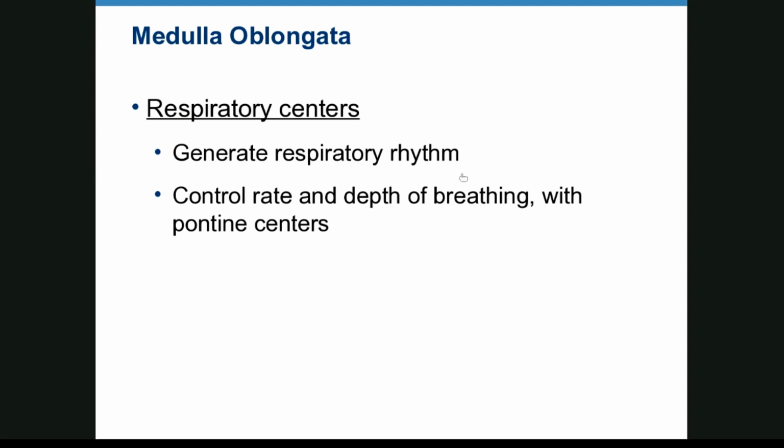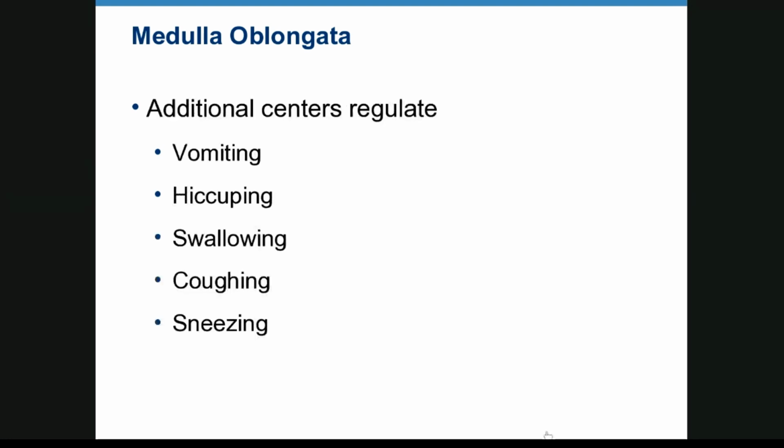So without the medulla, you don't breathe. Also, the medulla oblongata helps regulate vomiting, hiccuping, swallowing, coughing, sneezing. Now, we mentioned the hypothalamus is involved in a lot of things, such as the vomiting centers, but this fine-tunes your barf so that it will be very perfect.